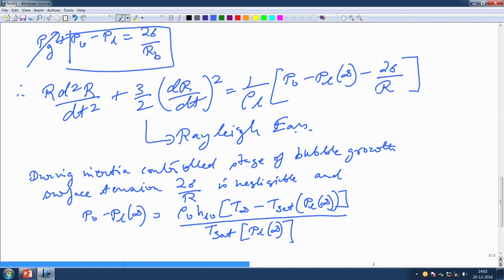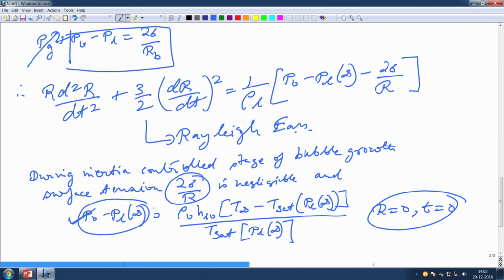The initial condition is R equal to 0 at t equal to 0. So these are the two expressions that we see: this is negligible and this is a function like this.